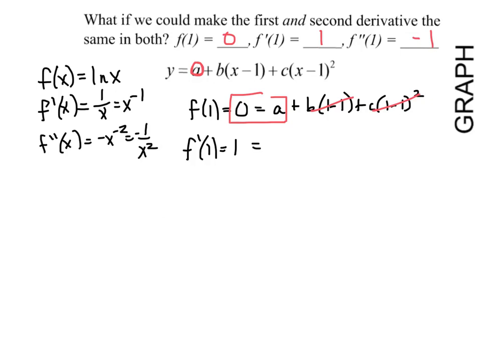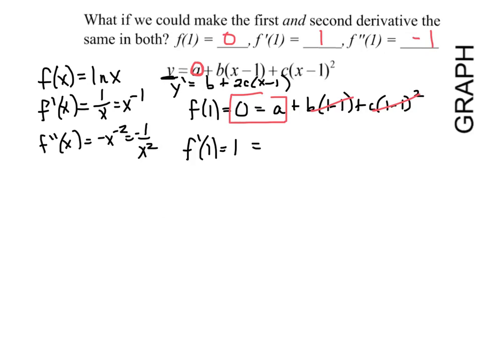Okay, so this is y, so let's think about what y prime would be. Well, the a is a constant, so the derivative of a constant is 0. Derivative of b times x minus 1 is just b, and then I have 2c times x minus 1.